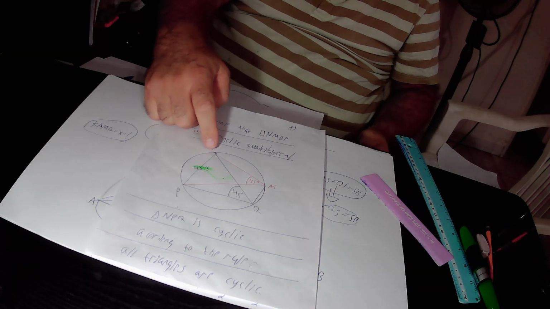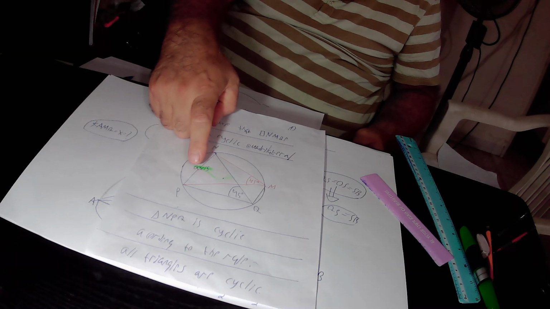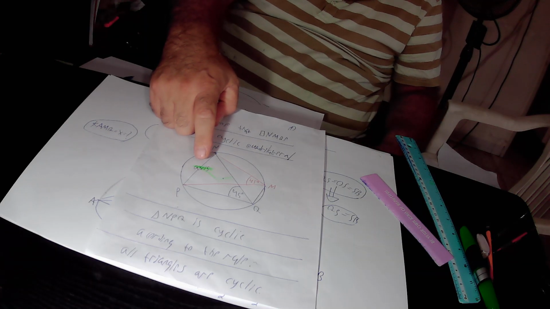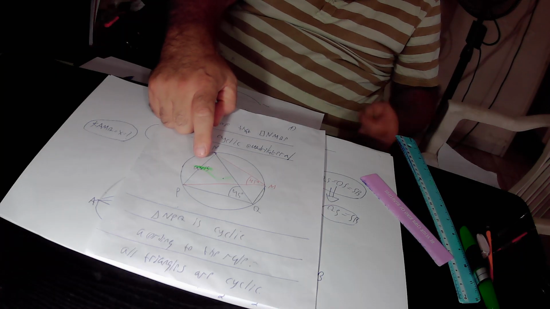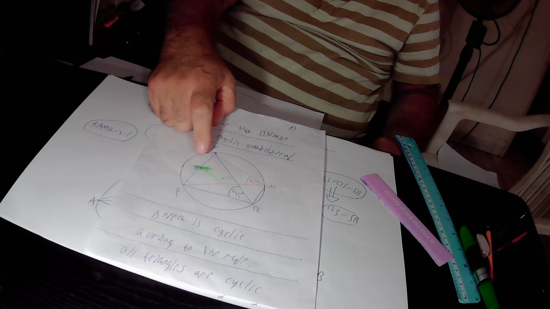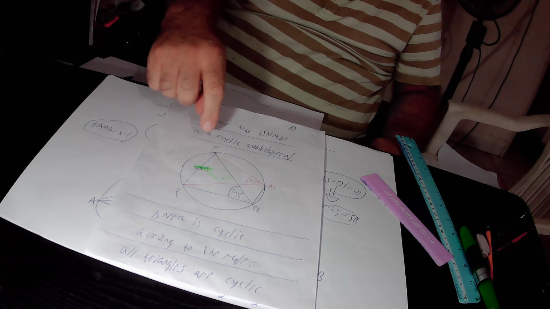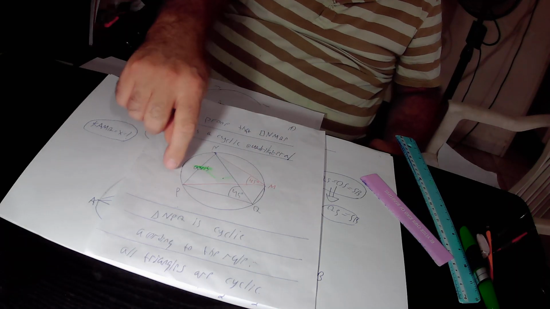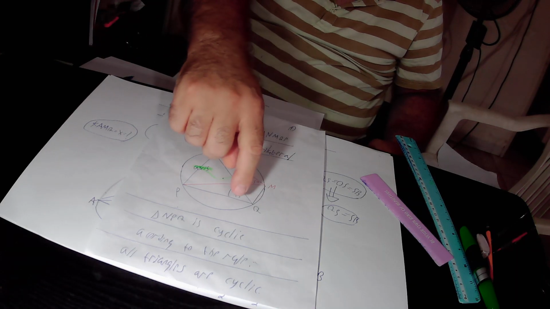So triangle NQP is a cyclic triangle, because all the triangles in the world are cyclic. All the triangles in the world can be inscribed in a circle. Therefore, you can definitely inscribe this triangle NQP in this circle.